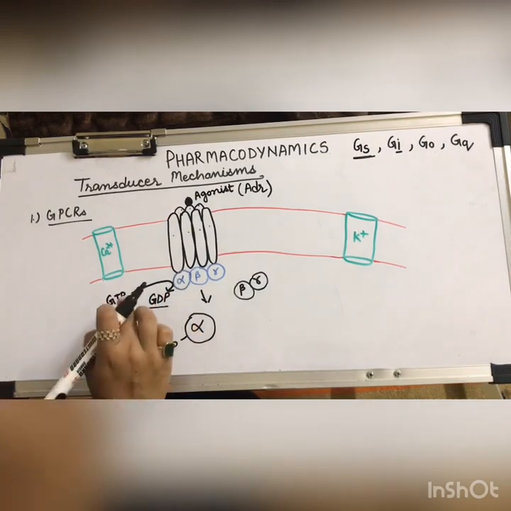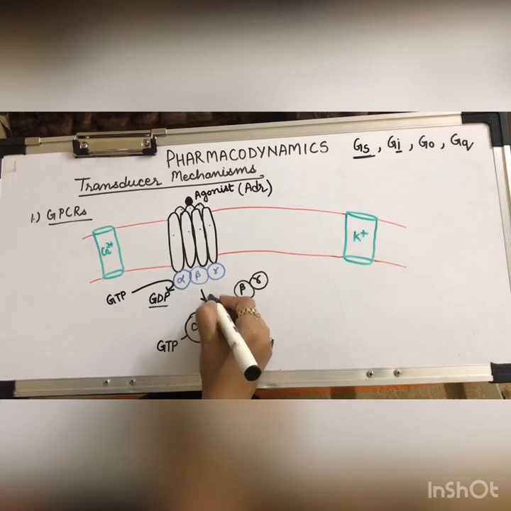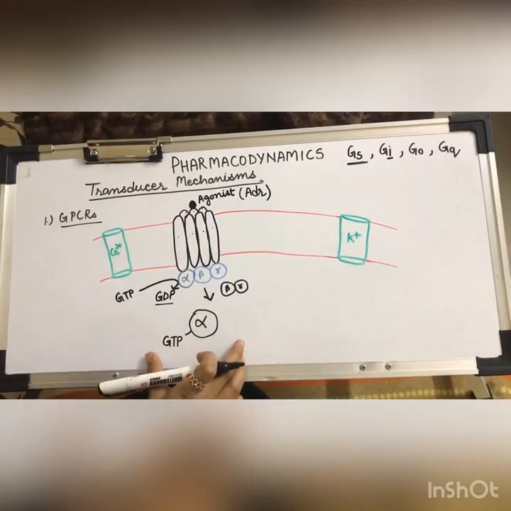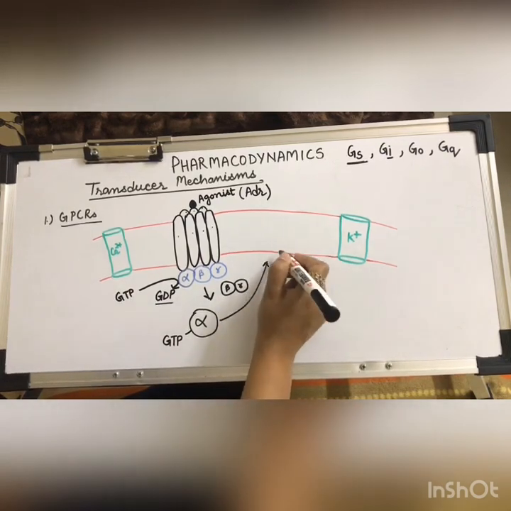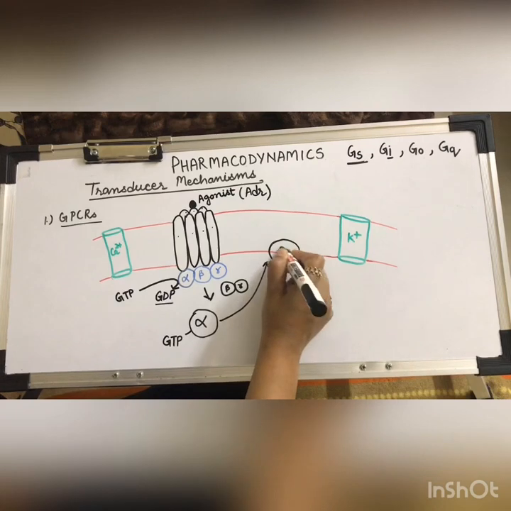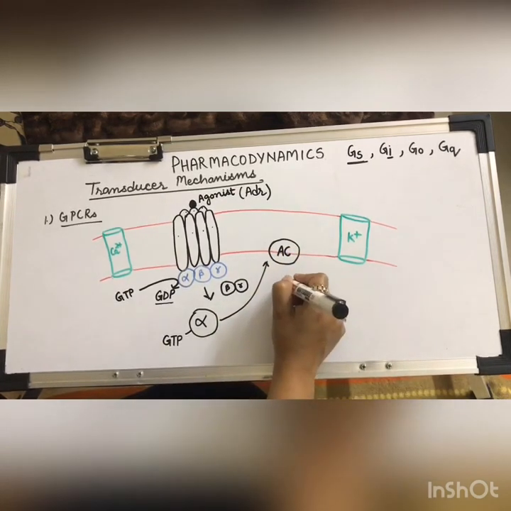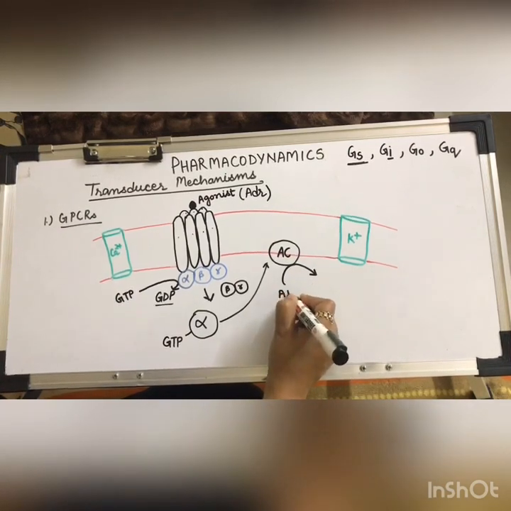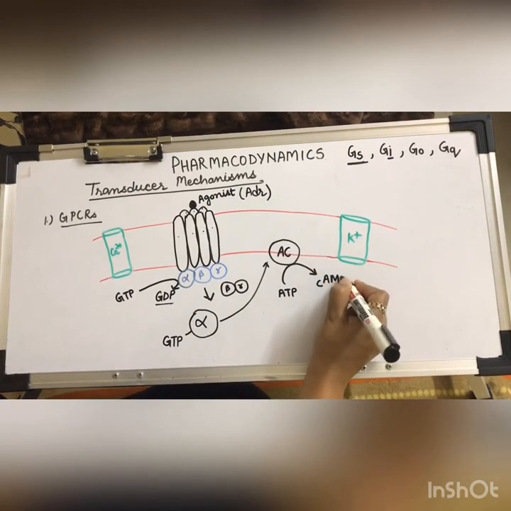The GDP will be replaced by GTP, and there will be dissociation of this trimer. Now this activated alpha subunit goes and affects the effector, which is adenylyl cyclase in this case.